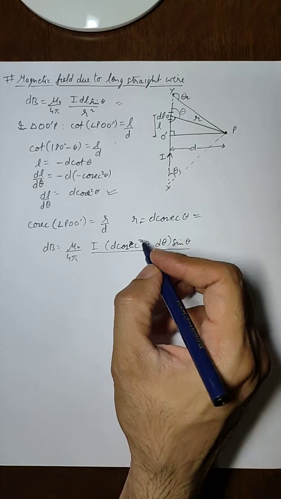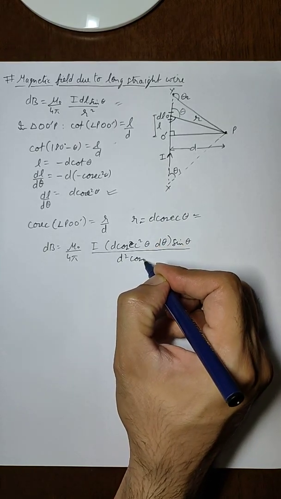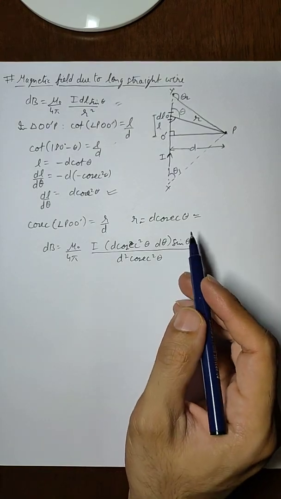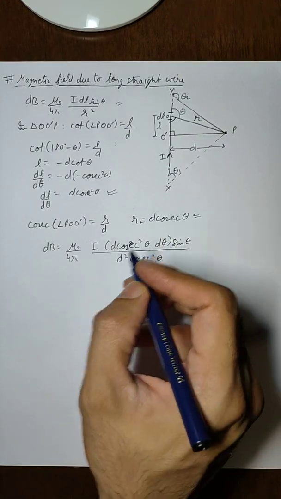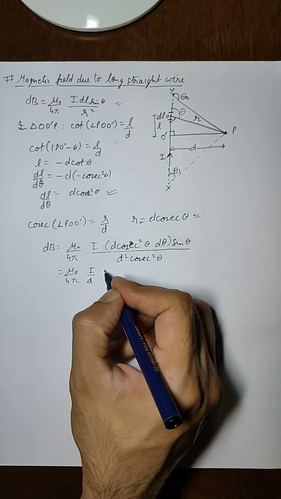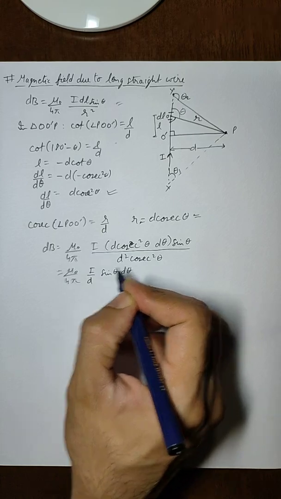So it will be D square cosec square theta, and if we simplify this, cosec square theta and one D will get cancelled. So it will be equal to mu naught upon 4 pi I upon D sine theta d theta.